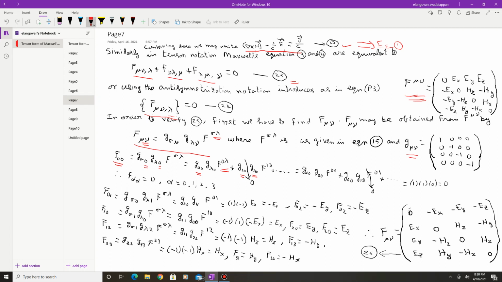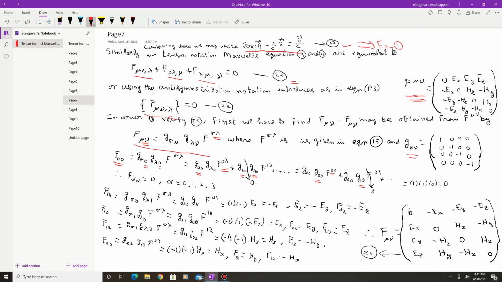Now let us expand this term. You perform the summation over lambda. So the first term is g 0 0, and here we put lambda is equal to 0. This is g 0 0, f 0 0, and the second term, we put lambda is equal to 1, and because g 1 0 is 0, all the other terms are 0.